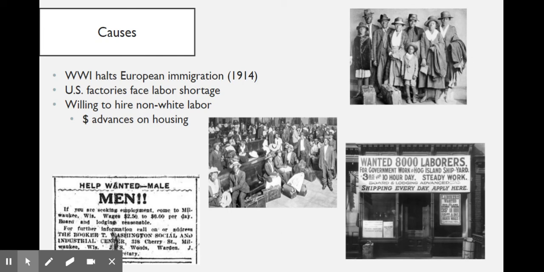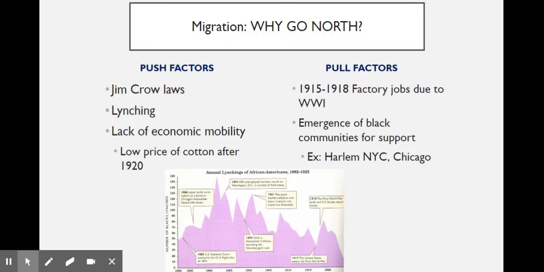And for the first time, you're going to see that companies are willing to hire African Americans en masse to come and work. And not only are they willing to pay certainly better wages than they would have been receiving working in the South, but they even paid housing advances. They directly advertised in African American newspapers across the country in order to bring that labor force northward.